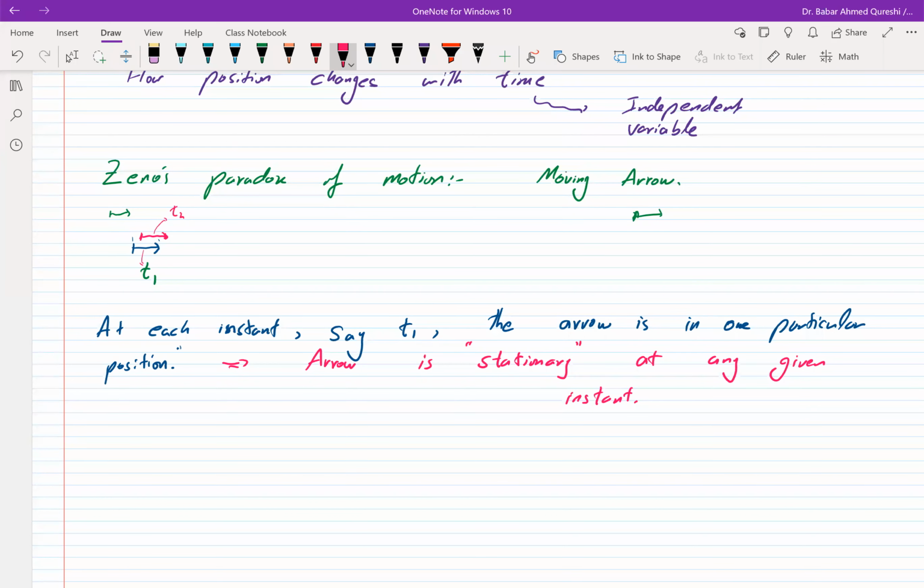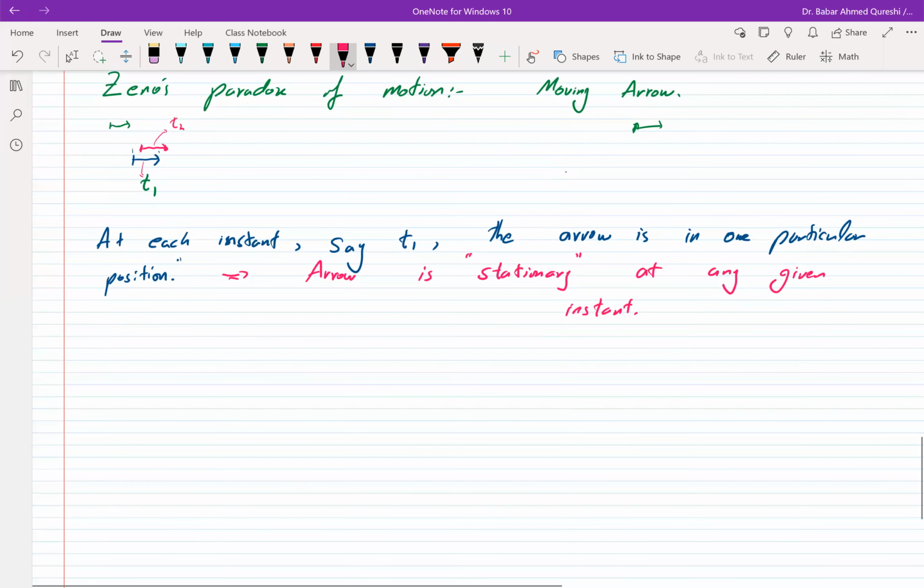But if it's stationary at any given instant, then how does it move? Well, we know that when we talk about logic, it's not God-given.